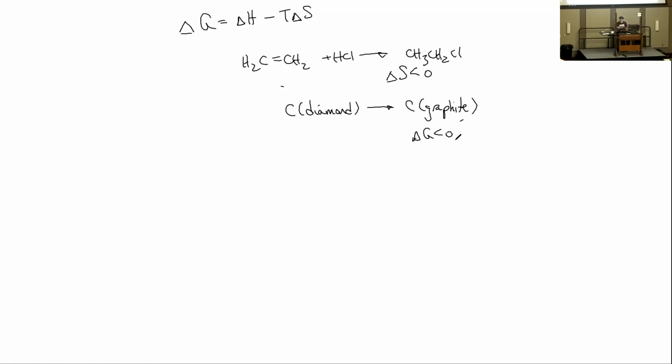What this means is that anyone here who's wearing diamond jewelry, diamond earrings, diamond necklace, ring, whatever, it is true that as we speak, your diamond is slowly turning into graphite. But I don't think anyone needs to worry about this, because we are all going to be long since dead before there's any detectable amount of graphite in your diamond. This reaction, if I recall correctly, has a half-life on the order of hundreds of thousands of years.